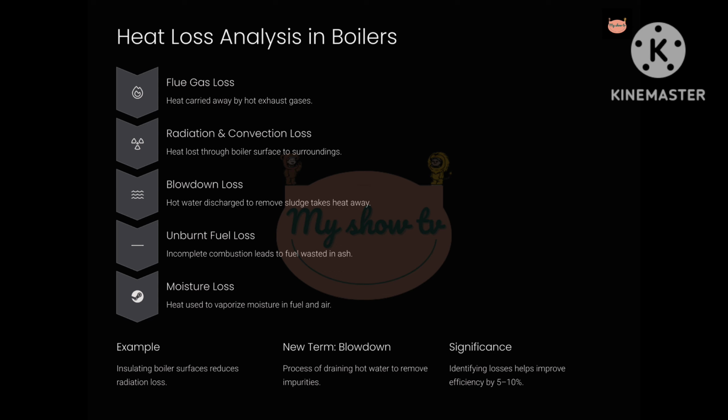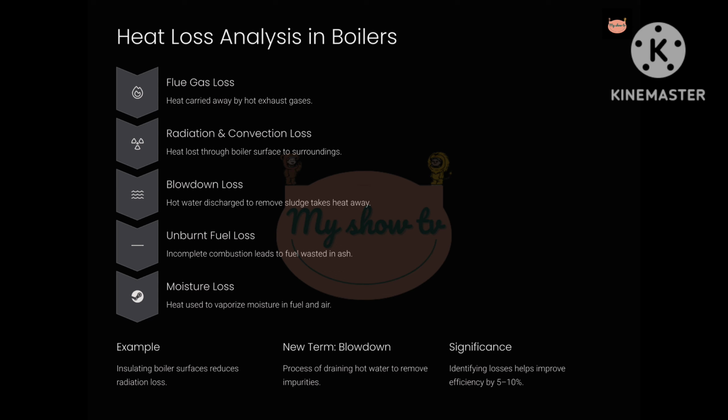3. Blowdown loss. To maintain water purity, some water is regularly discharged. This hot water takes heat with it, causing energy loss. 4. Unburnt fuel loss. If combustion is incomplete, some fuel is left unburned in the ash, wasting both fuel and money. 5. Moisture loss.